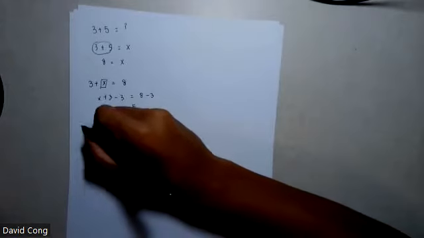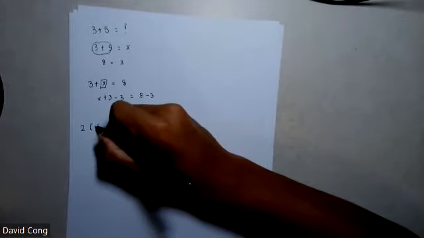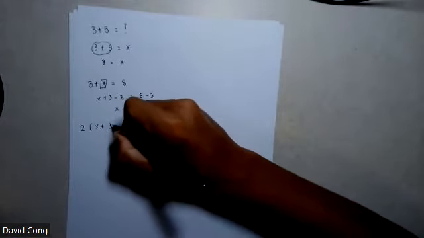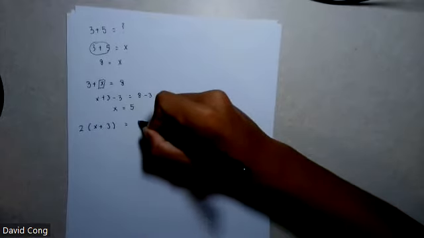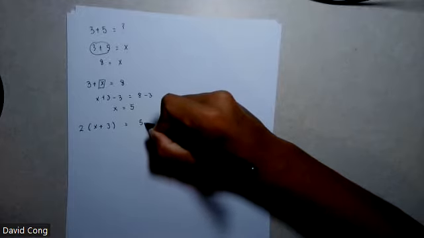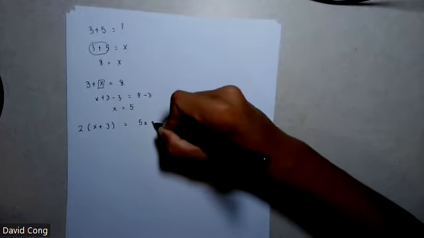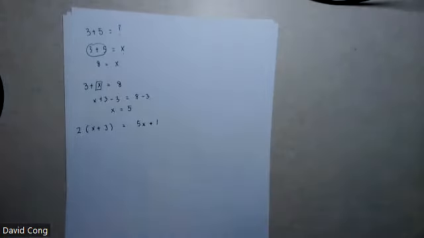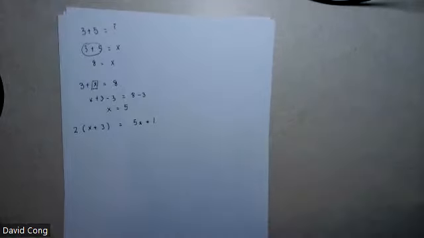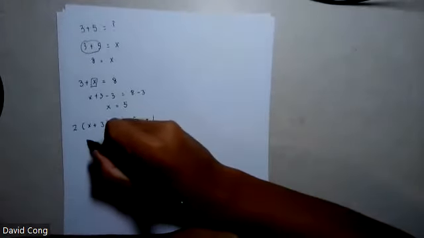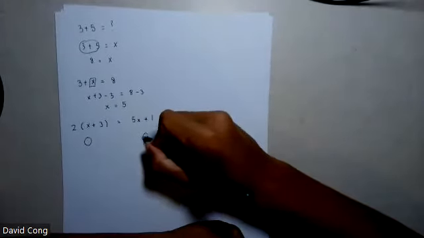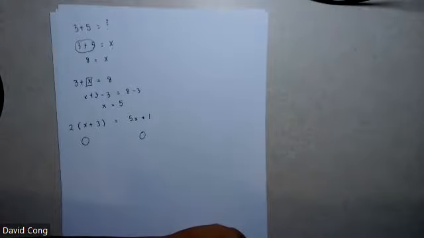Just if I were to do something like, okay, so if we had something like this, again, to solve for x, we want to have x on one side of the equation and all the numbers on the other.